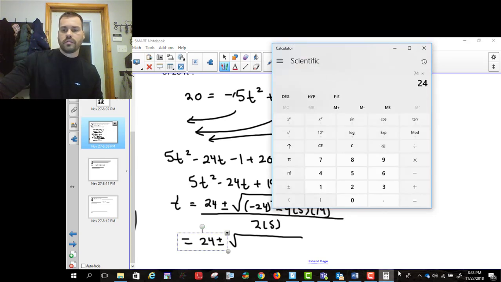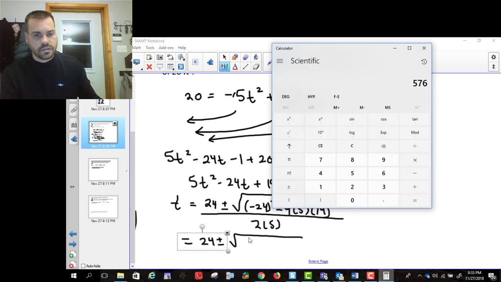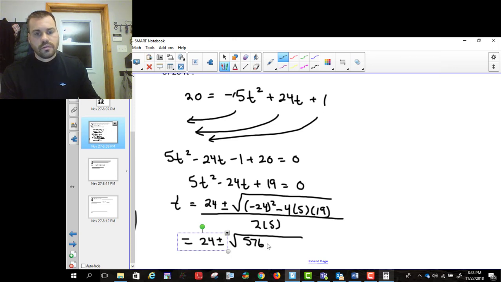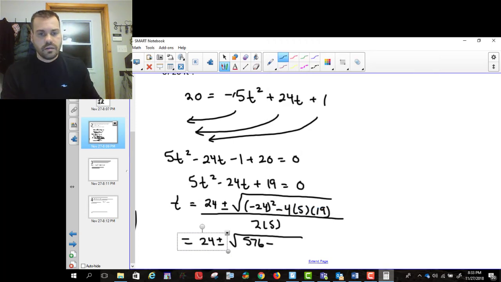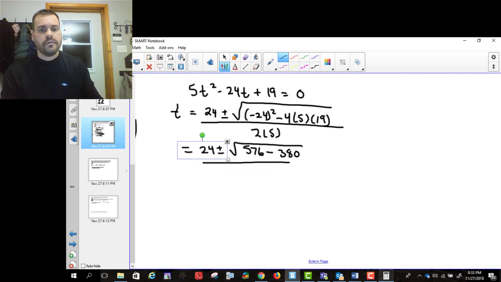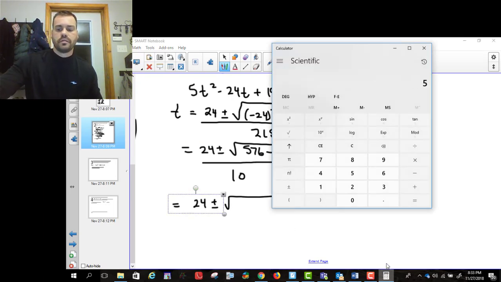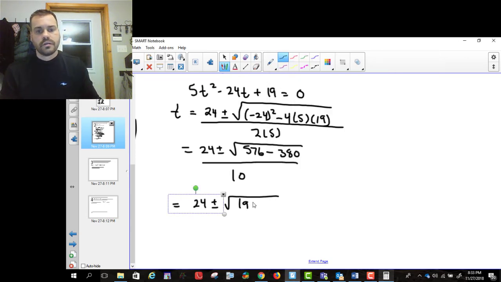So we can go 24 times 24 is 576, and then 4 times 5 times 19 is 380. And it's all divided by 10. So I'm going to end up with 24 plus or minus the square root of whatever 576 minus 380 is. So it's 196 divided by 10.